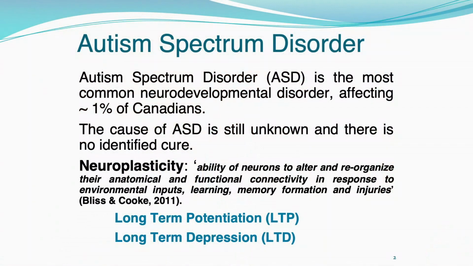Yet the cause of autism is still unknown, and we do not have any identified cure, even after 7 decades of research. So really, there is time to think out of the box.